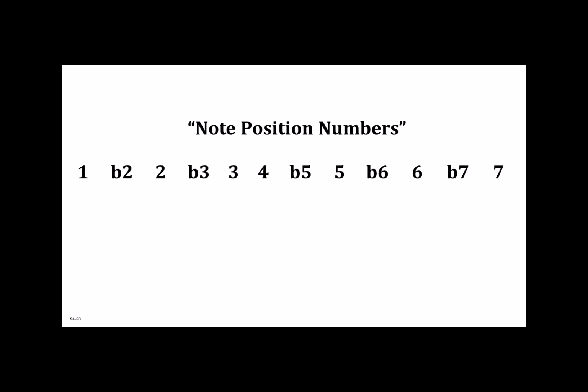As the name suggests, note position numbers are used to identify the positions or intervals between notes in chords and scales, and must be used as a complete set of numbers.